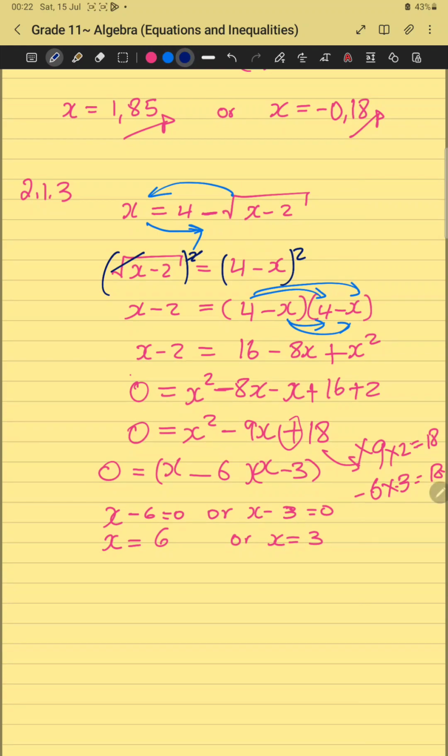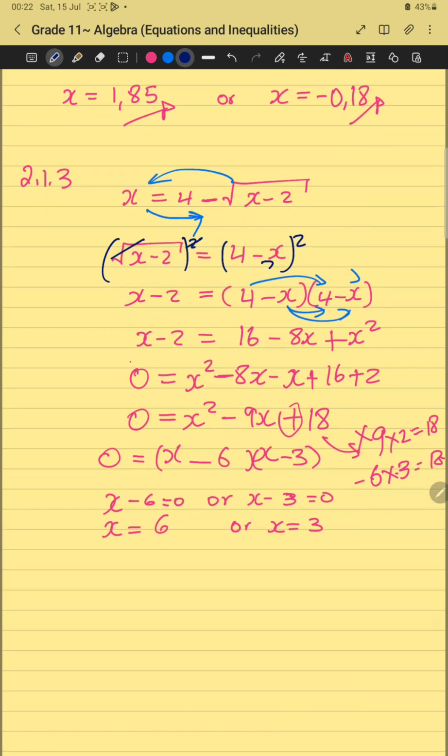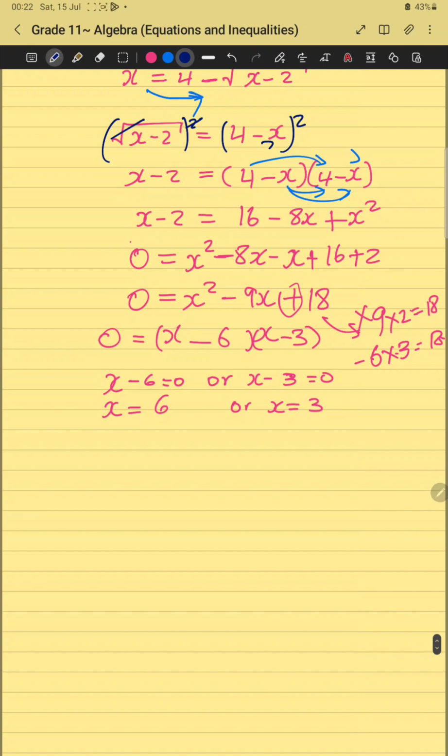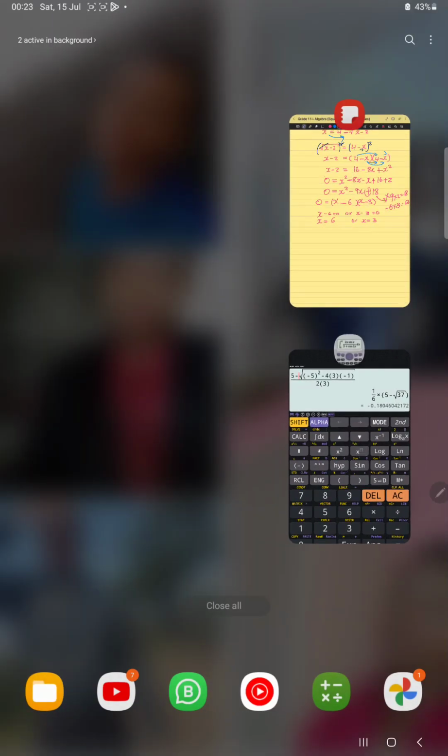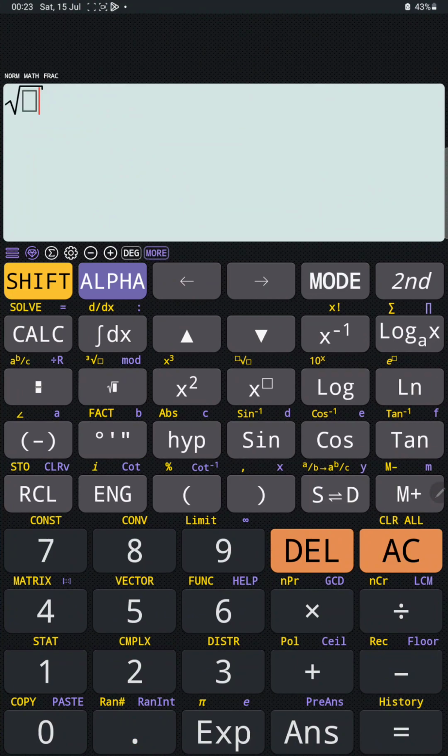So we take 6 and substitute it here, and put 6 here also. If we get 4 equal to 4, that means 6 is correct. But if we got 4 on one side and 6 on the other, that means 6 is incorrect, so we reject it. So let's use our calculator and check that. On the other side we've got x minus 2.